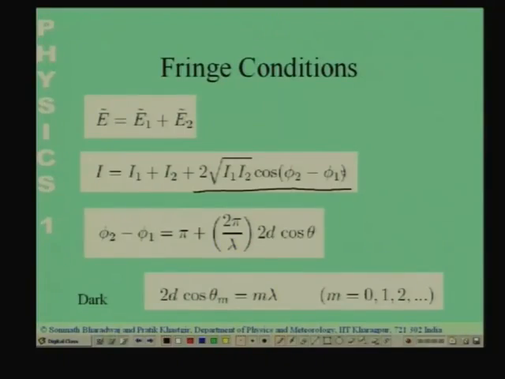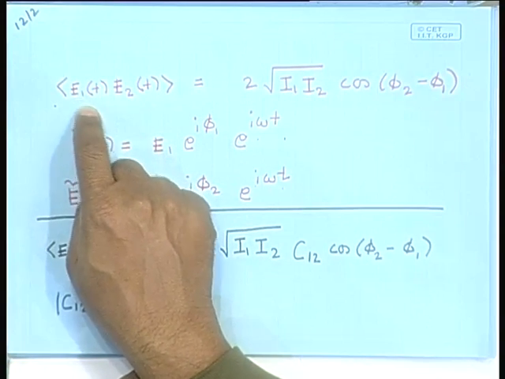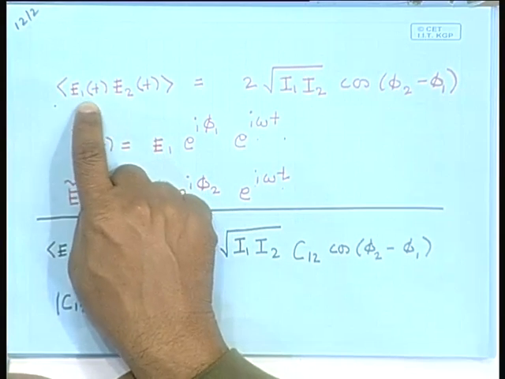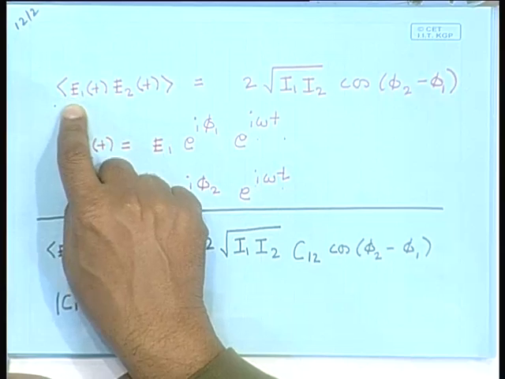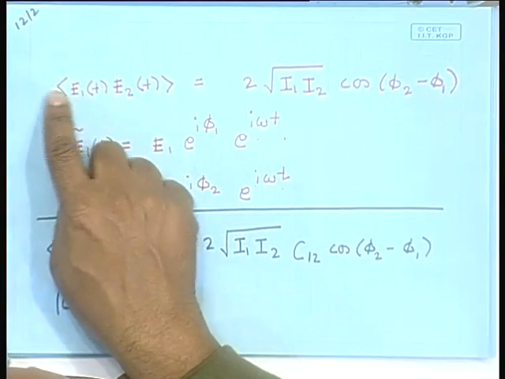And with this assumption, the term responsible for interference arises from this term E1 into E2.